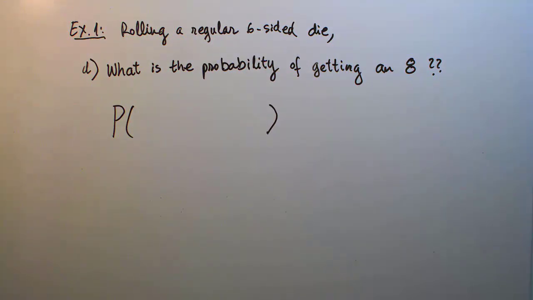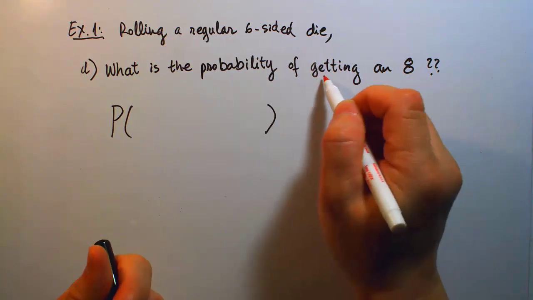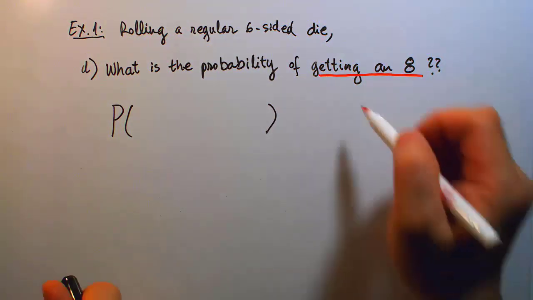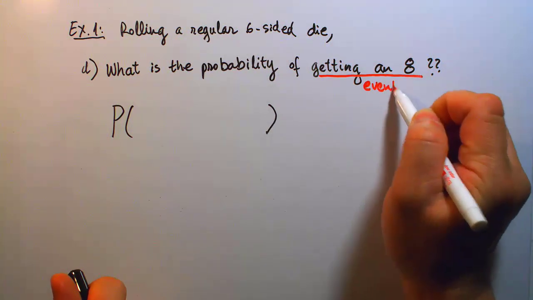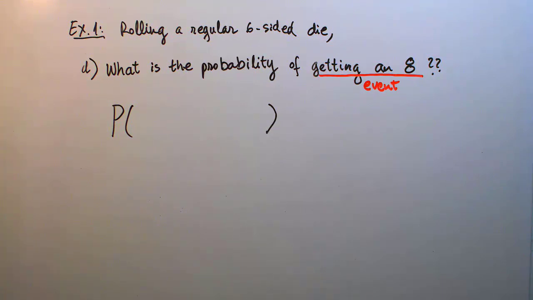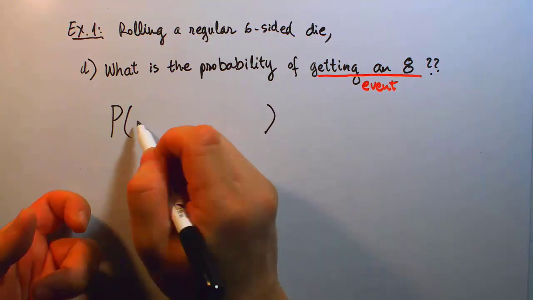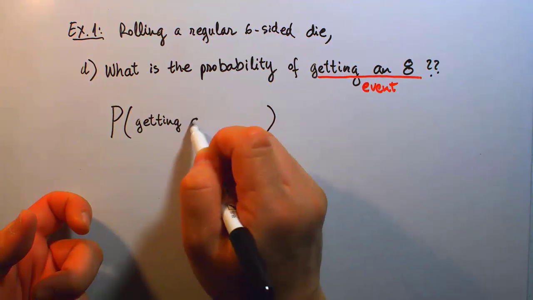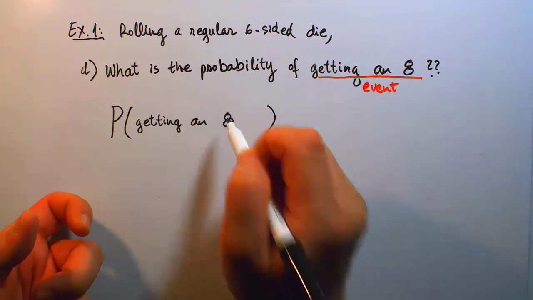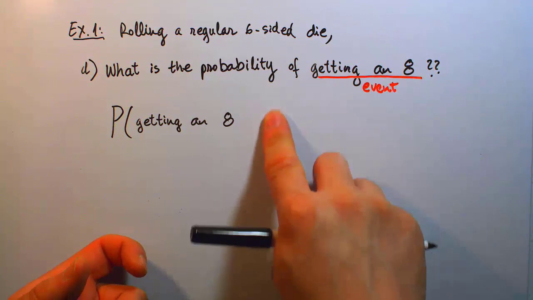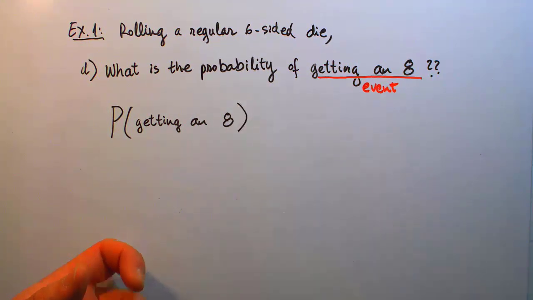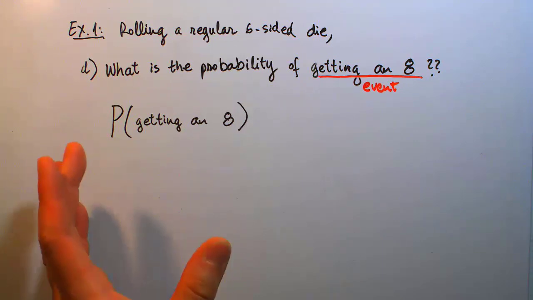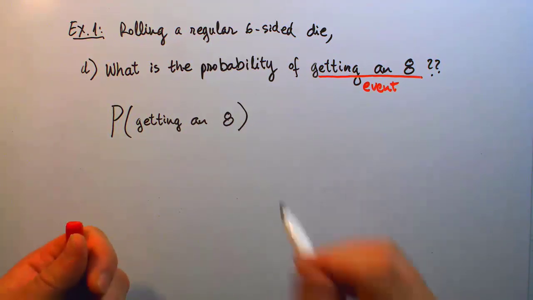So in our question, the event is underlined right here: getting an 8. So that's our event, our requirement. Now this symbolic question is only the question in symbolic expression.